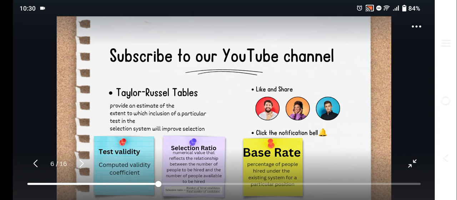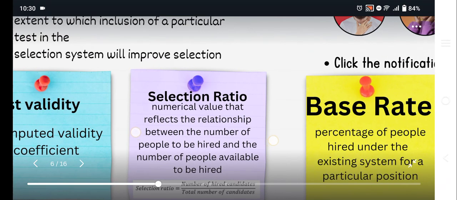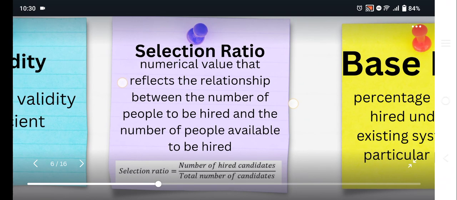So, meron dito nakapaloob na test validity, where we compute the validity coefficient, and the selection ratio. This is the formula of selection ratio.